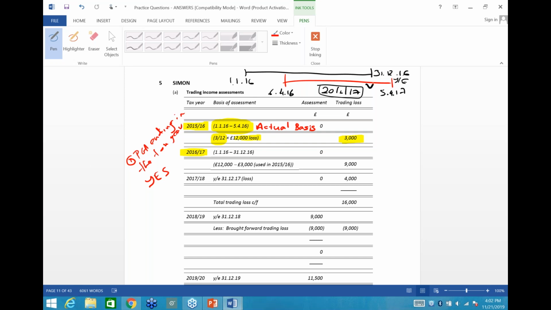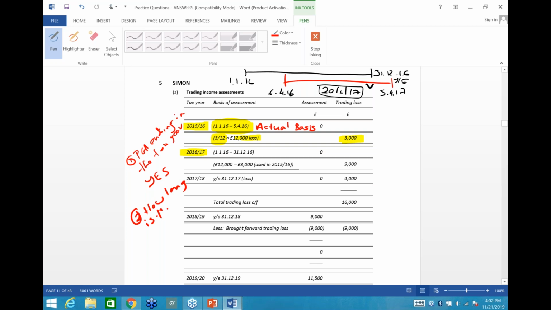So you look at the period of account ending date only, and that date falls into the current tax year 16-17. So there is a period of account ending in the tax year. The answer is yes.